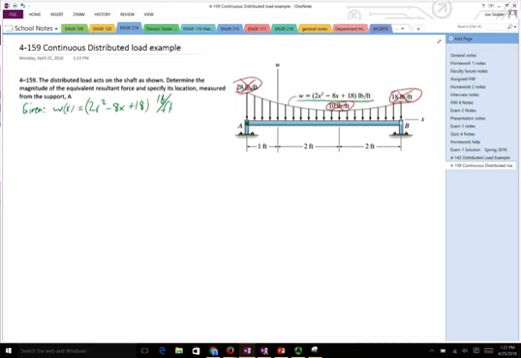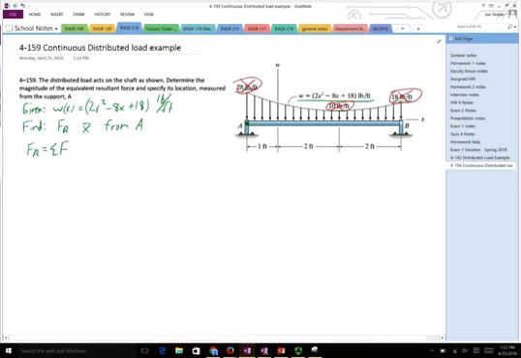We're supposed to find the resultant force, which we call Fr, and the distance, x bar, from A. Okay, so let's go ahead and get started. We know that Fr is going to be equal to the sum of all of the forces.